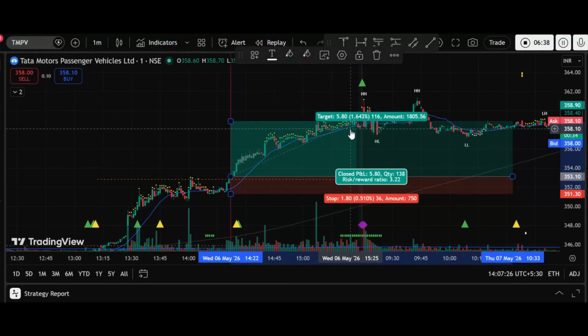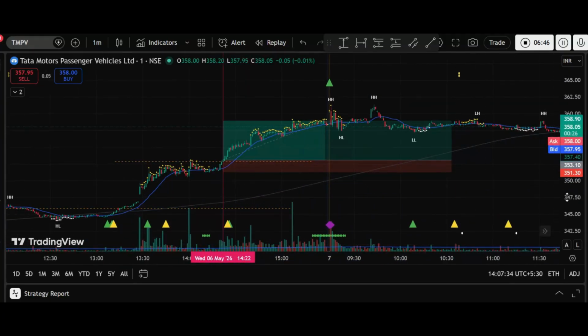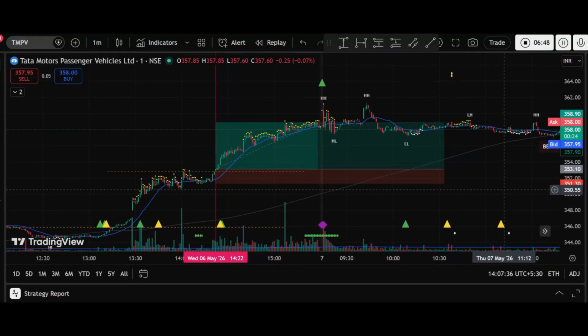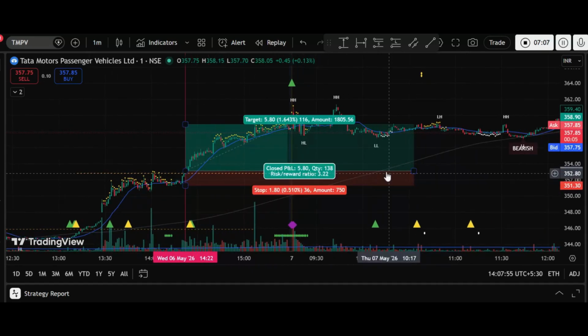But in an intraday setup, if you are able to take 1.6% of returns in an equity chart, then the option chart would give you at least a 50% increment on your capital. If you are investing 100 rupees, or $100, then you can definitely get up to $150 or 150 rupees.